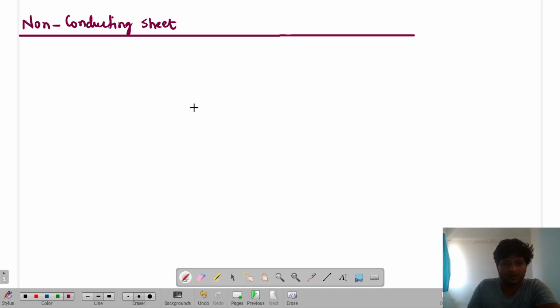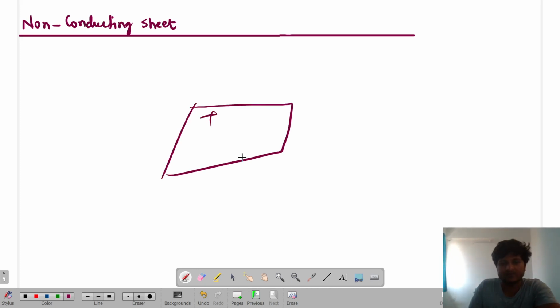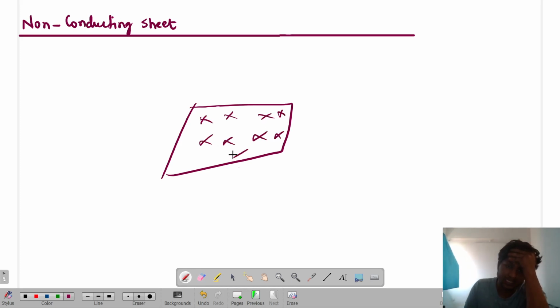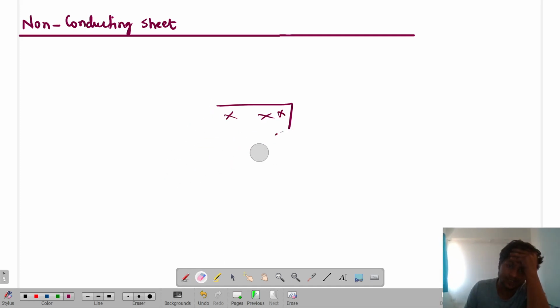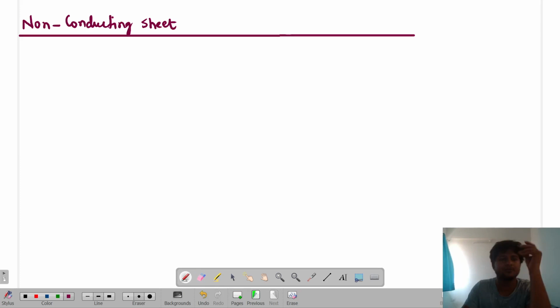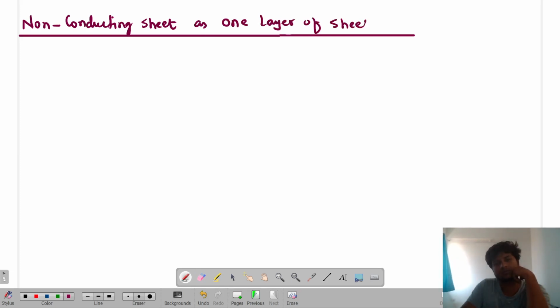So for conducting bodies, the first surface is the top one and the second surface is the bottom one. But for a non-conducting body, the charges will distribute all over the body, and that can be seen as one layer only, isn't it? That is why we consider a non-conducting sheet as one layer of sheet. Is that clear?